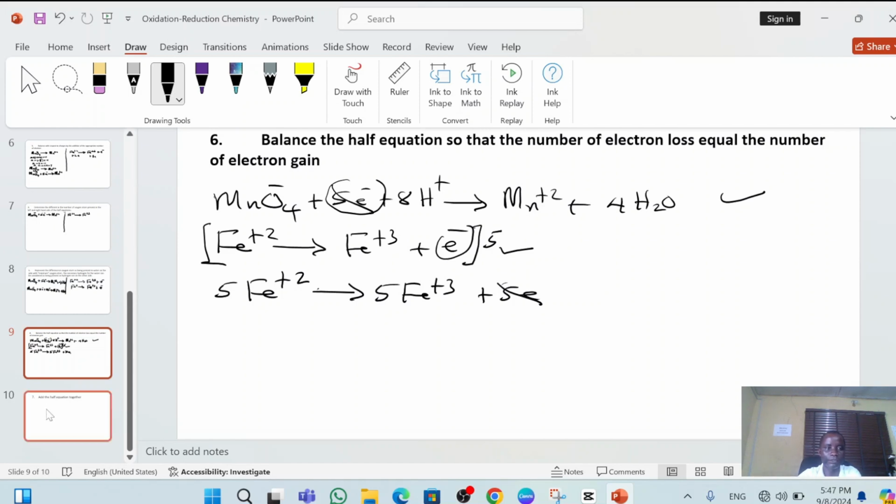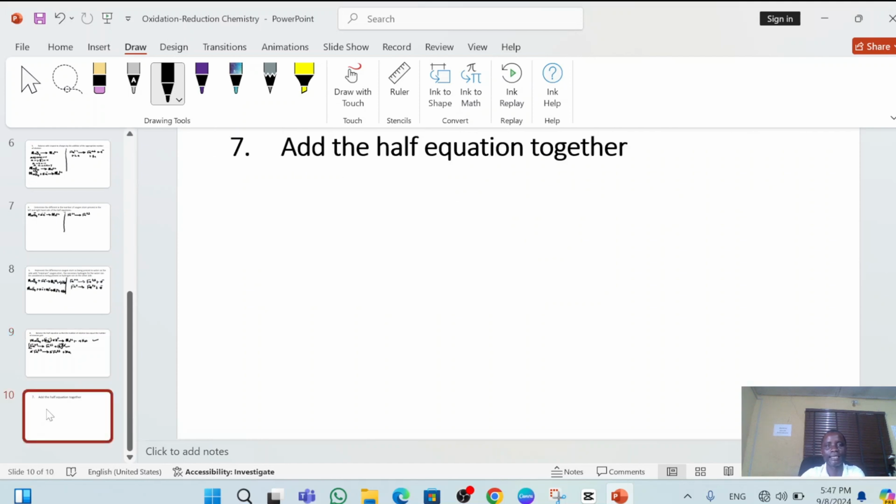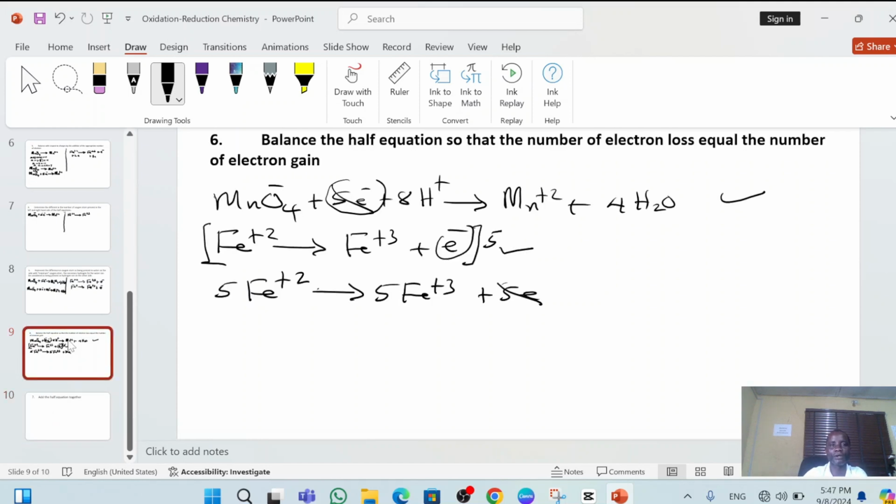And then let's move to the last principle. What will be the last principle? They say add the half equations. That means you're going to add them together. You add this equation to this. Now let's start from the reactants.